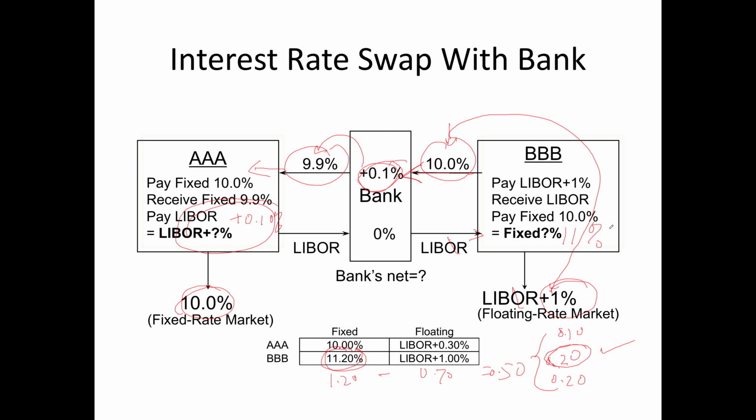The same thing, let's check the effective swap deal for triple B. The market condition is 11.2, but the effective rate is 11, so their saving is 20 basis points. So this is how a swap deal is arranged.